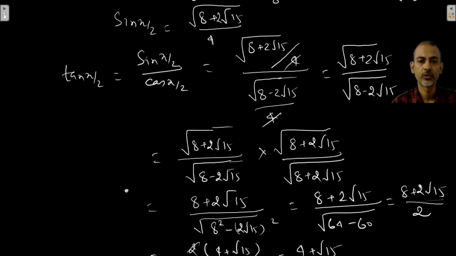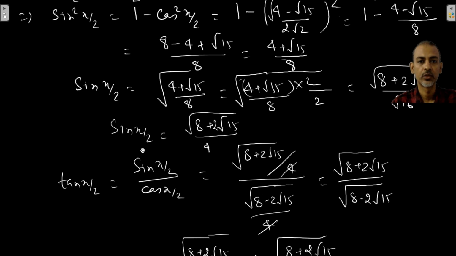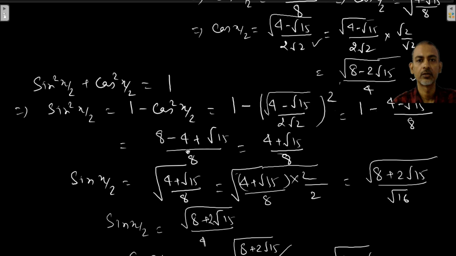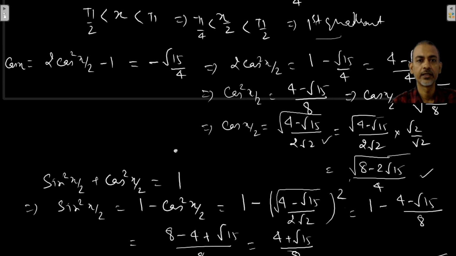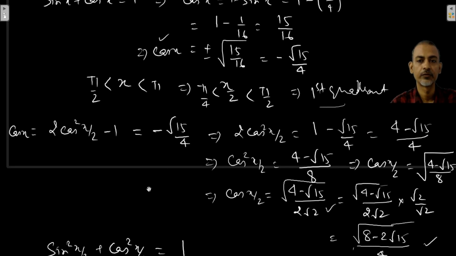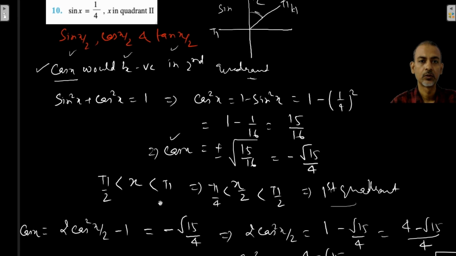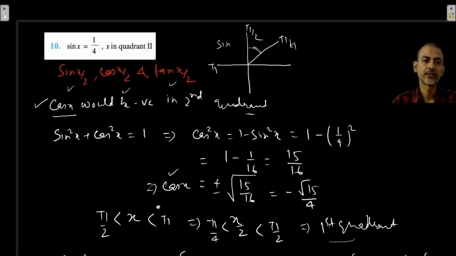You were supposed to get tan x by 2, you were supposed to get sin x by 2, you were supposed to get cos x by 2, and everything is positive because everything is going to be in the first quadrant, right? So yeah, the strategy is simple to follow.